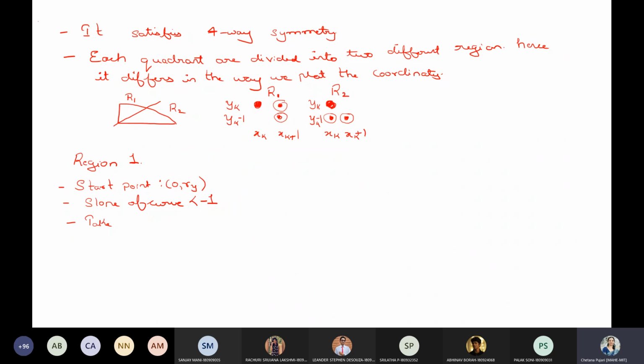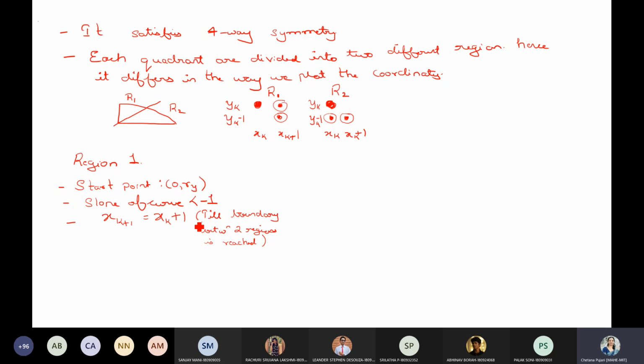Or I can just write xk plus 1 equal to xk plus 1, right? x will be incremented till the boundary between the two regions is reached.